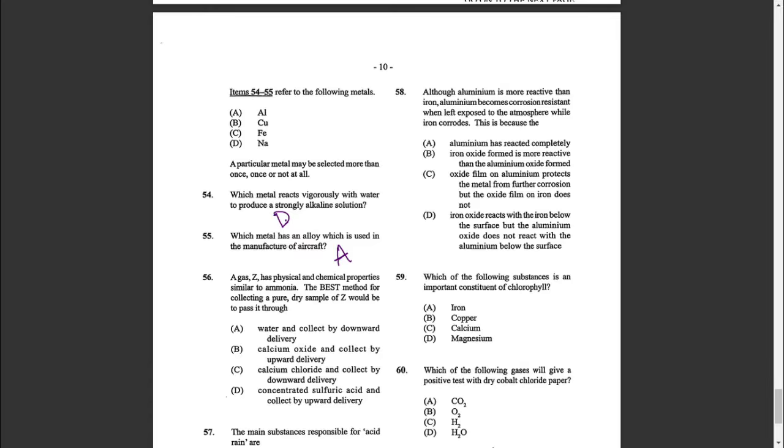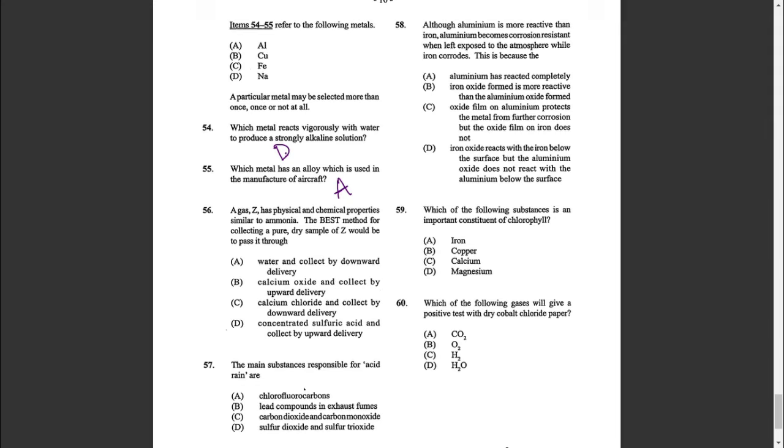56. A gas Z has physical and chemical properties similar to ammonia. The best method of collecting a pure dry sample of Z would be: pass it through water and collect by a downward delivery, calcium oxide and collect by an upward delivery, calcium chloride and collect by a downward delivery, or concentrated sulfuric acid collected by an upward delivery.